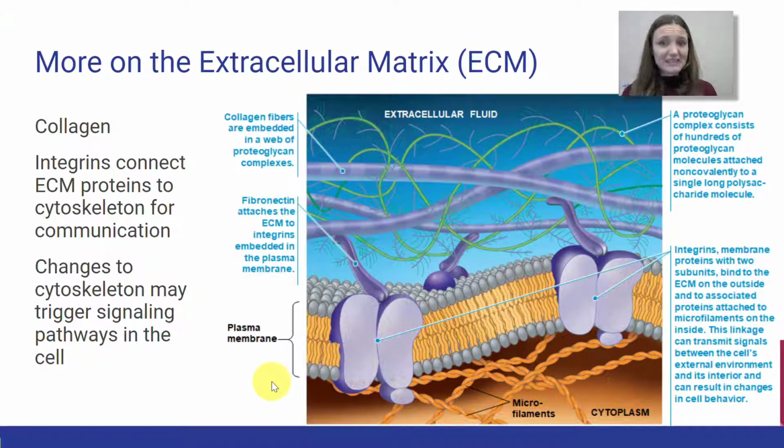Integrin proteins are proteins that span the plasma membrane and basically connect that extracellular matrix, those collagen fibers and those cadherin proteins, to the cytoskeleton on the inside.